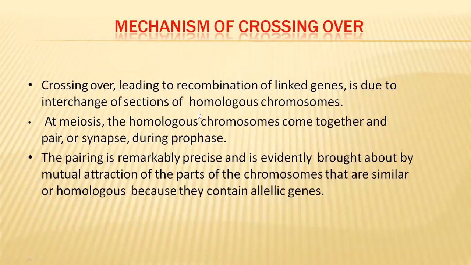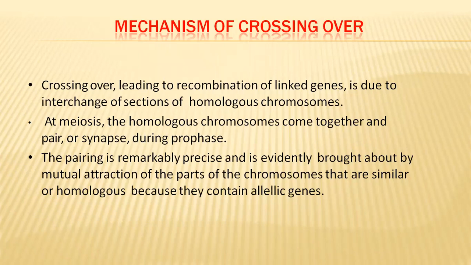The crossing over process leads to the formation of recombinations, as two chromatids, usually two, and in some cases more than two chromatids, may get new combinations or new chromatid parts. Receiving these new chromatid parts leads to the recombination of linked genes.